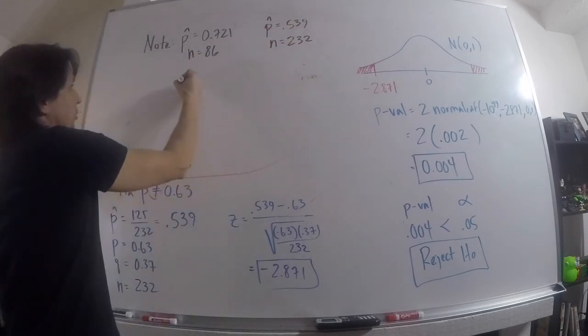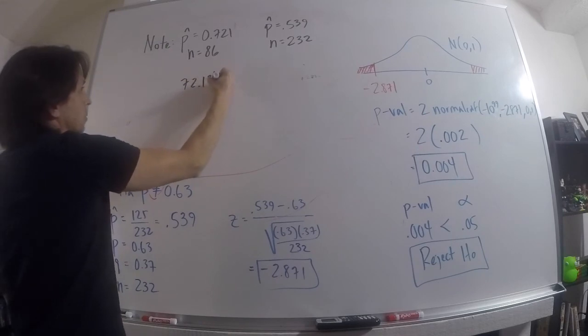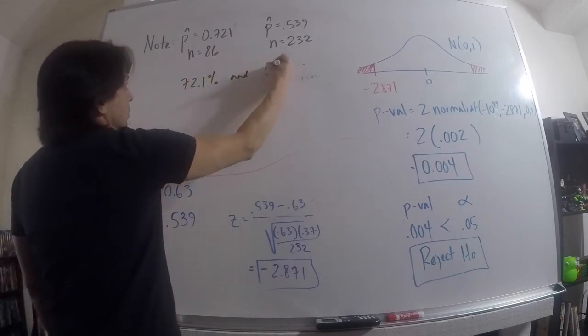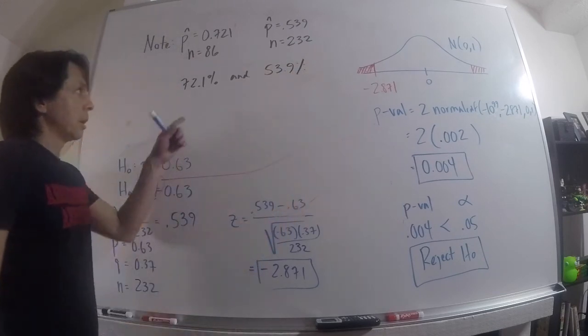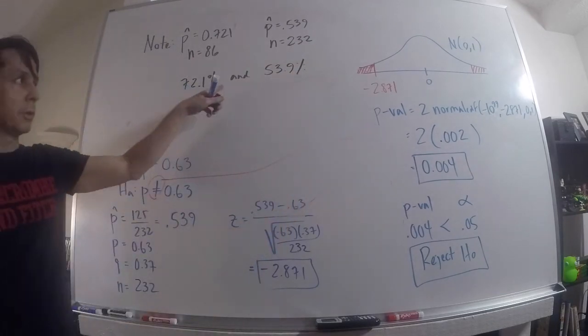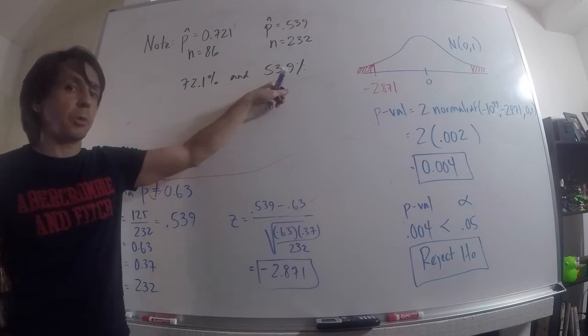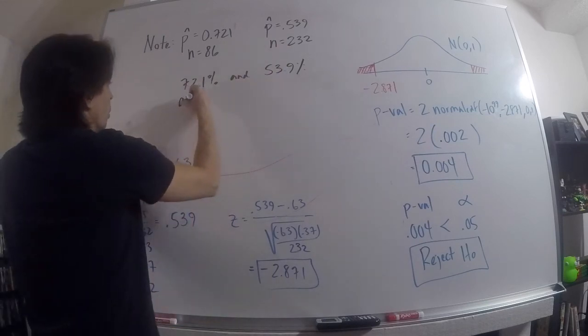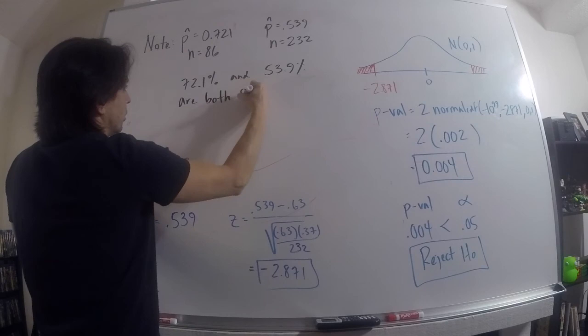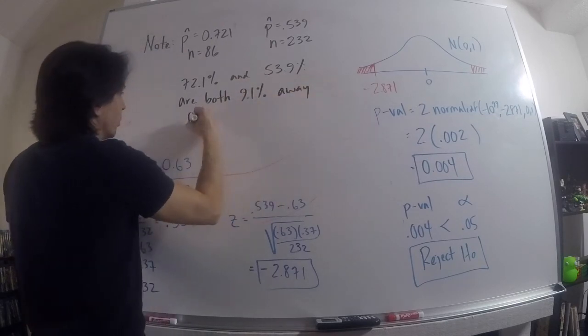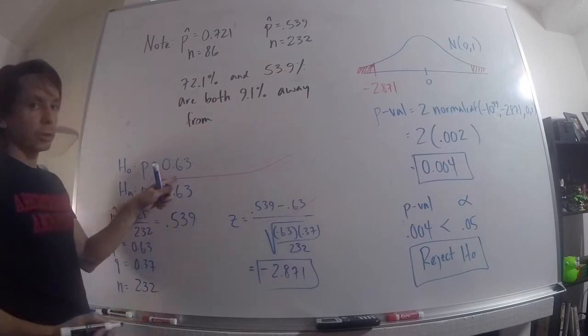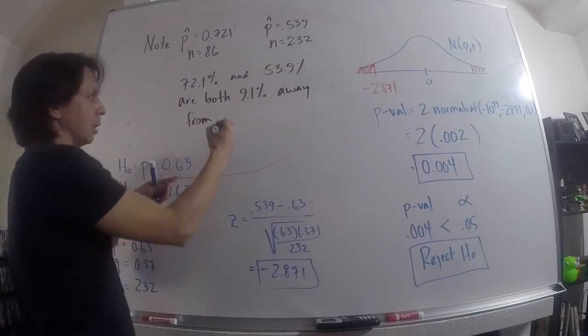The p-hats. 72.1% of our first sample wanted to withdraw, and 53.9% of our second sample wanted to withdraw, are both 9.1% away from what we expected based on our null hypothesis, assuming that to be true, from the 63%.